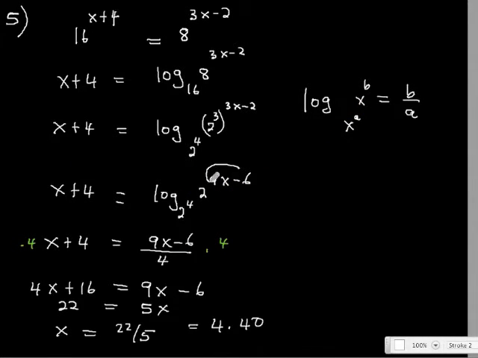This is b, and this 4 is a. So the whole problem now looks like x plus 4 is equal to 9x minus 6 divided by 4, b over a. We're back to simple basic algebra where we can solve for x. First, I want to remove my denominator by multiplying both sides by 4, and I get 4x plus 16, and solve for x, and I get 4.40.